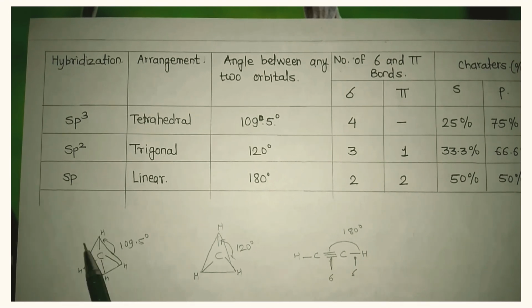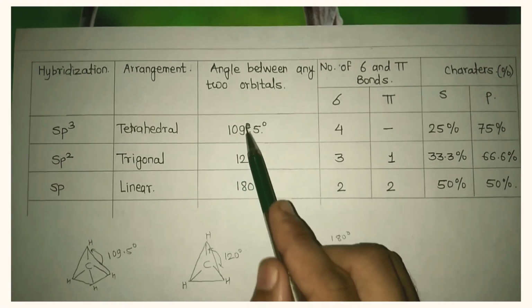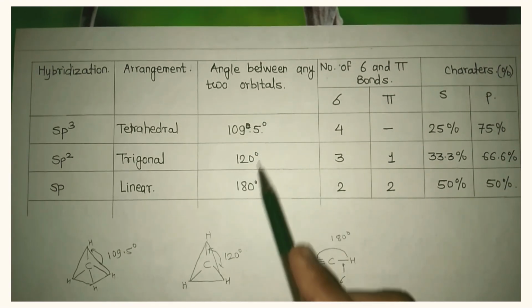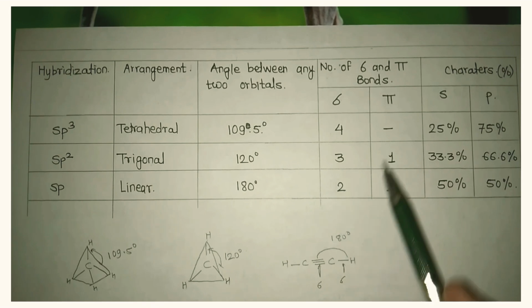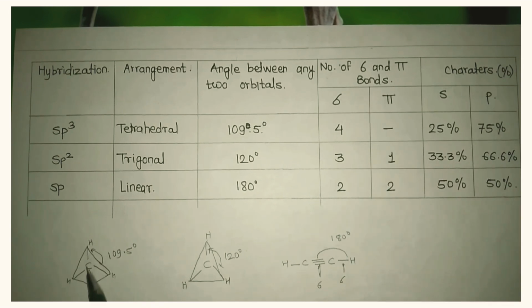The angles between the orbitals are 109.5, 120 and 180 degrees respectively. There are 4 sigma bonds in sp3 hybridization, 3 sigma bonds and 1 pi bond in sp2 hybridization, and 2 sigma and 2 pi bonds in sp hybridization.